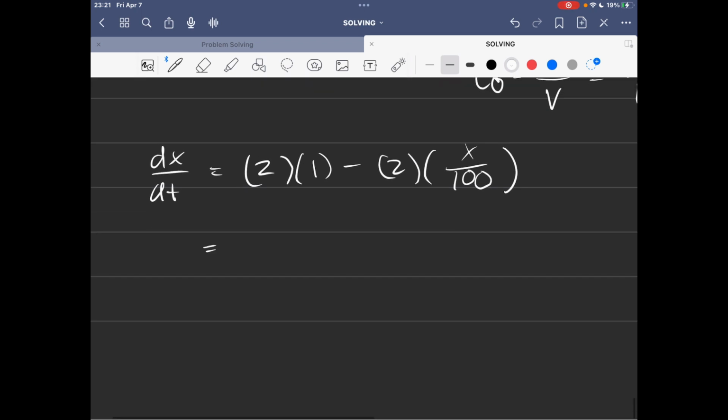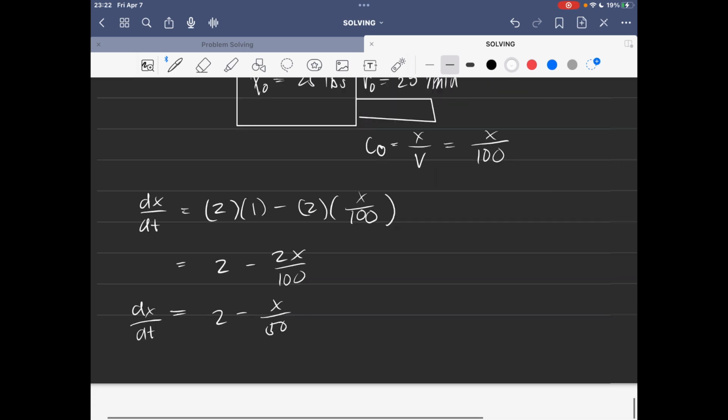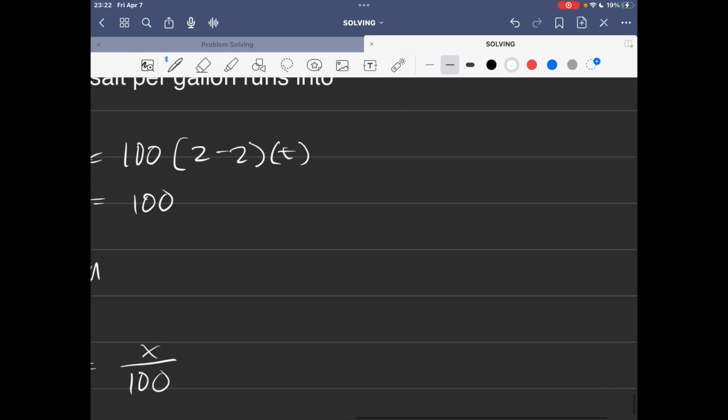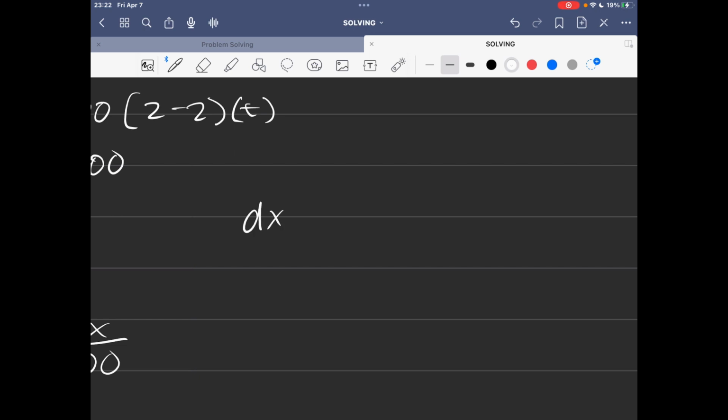So we'll have 2 minus 2x over 100, which can be written as x over 50. dx over dt, the same as before, we can separate it, which will now equal dx over 2 minus x over 50 is equal to dt.